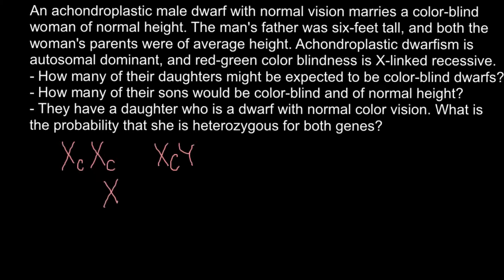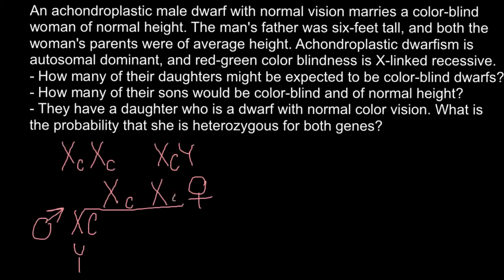So here would be the genotype of the mother on the top, so this stands for the female, and on this side would be the male, and the genotype would be X with the dominant allele for color blindness, and another sex chromosome Y. So when we build the Punnett square, we would be able to see phenotypes and genotypes of the progeny.